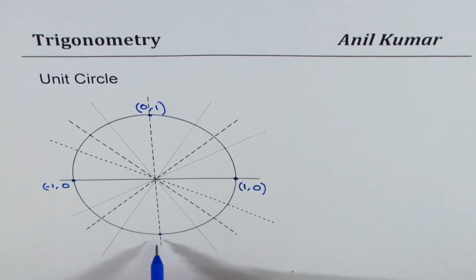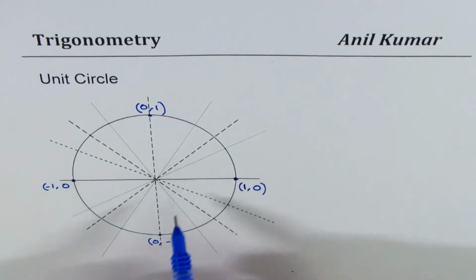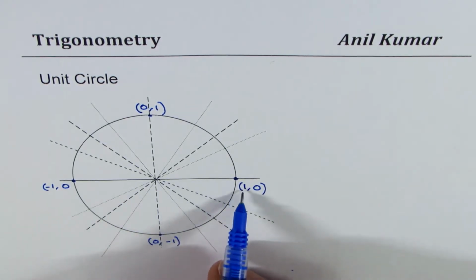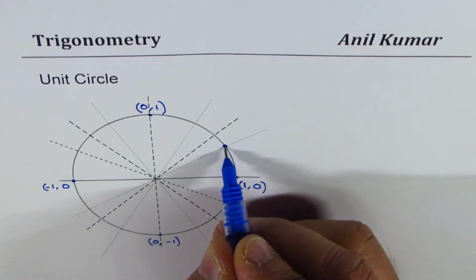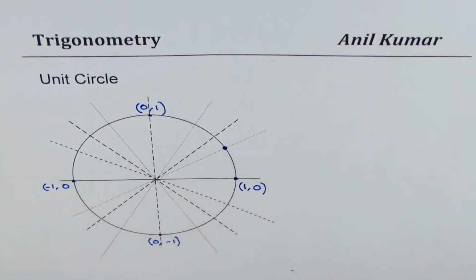And here, a point can be defined as 0, -1, correct? So these are simple points which we could definitely read when the radius of a circle is 1. Now, how do we read a point which is on the circle but somewhere else in between?